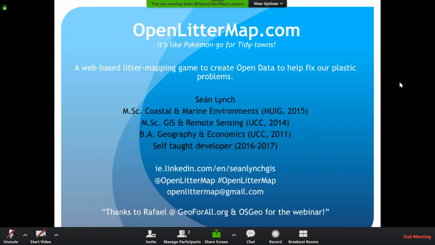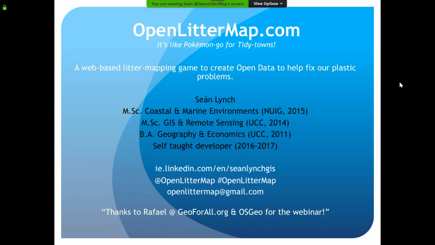You can take a photo of it and include it in the database, and it will be mapped for everyone to see. All of the data is free to view by anyone and free to download by anyone. The platform itself is in its infancy, but it's improving, and you're welcome to contribute to its development.